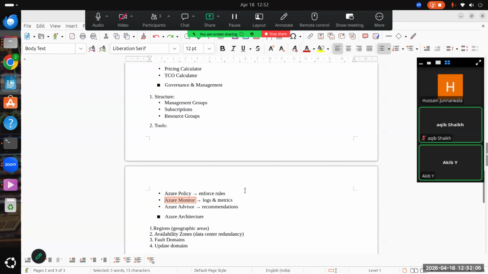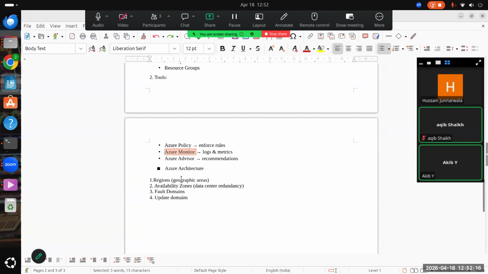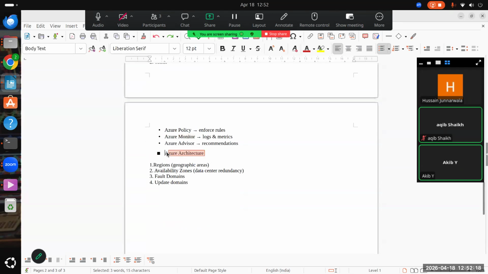Then you have Azure Advisor, Azure recommendation. Azure will give you its own recommendations. Now, the last topic: Azure architecture. Overall, how is the Azure cloud distributed?